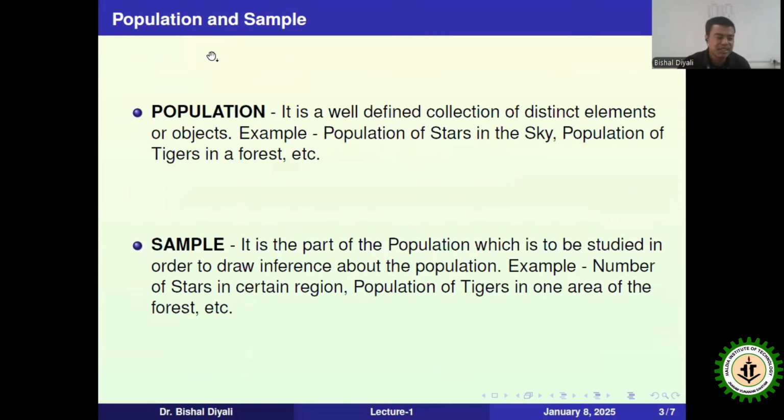Every time we talk about statistics, we have to know about two things. One is the population and another is the sample. Population is a well-defined collection of distinct elements or objects.